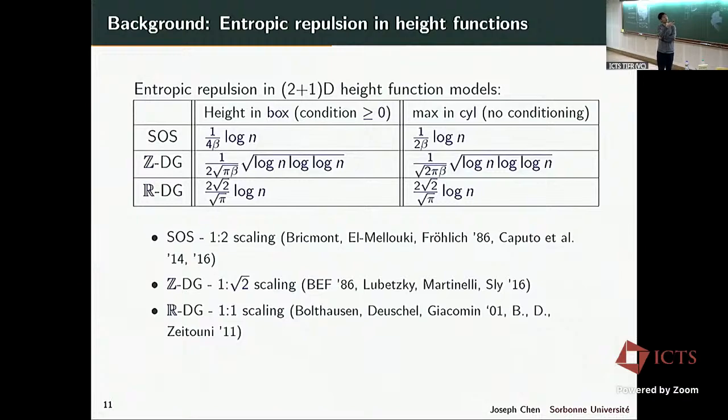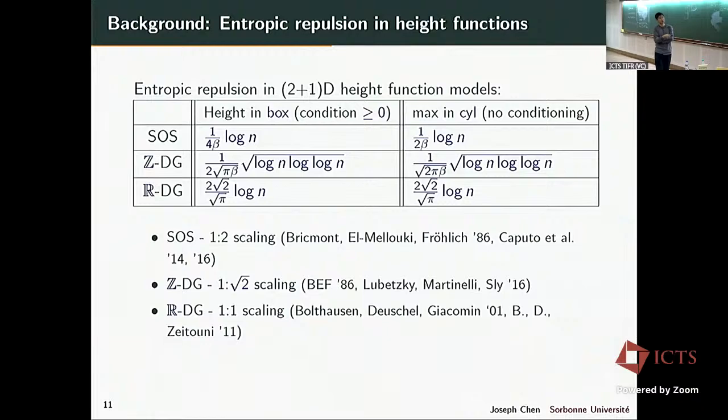And so here you have very, very precise information on the height in the box of these height functions. These three height functions are the solid on solid model, which I'll define later, the integer valued discrete Gaussian free field, and then the real valued discrete Gaussian free field.